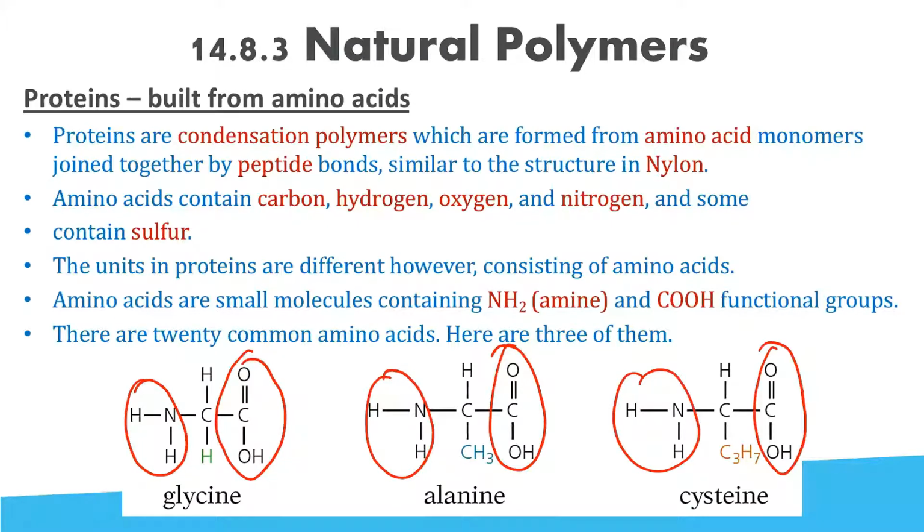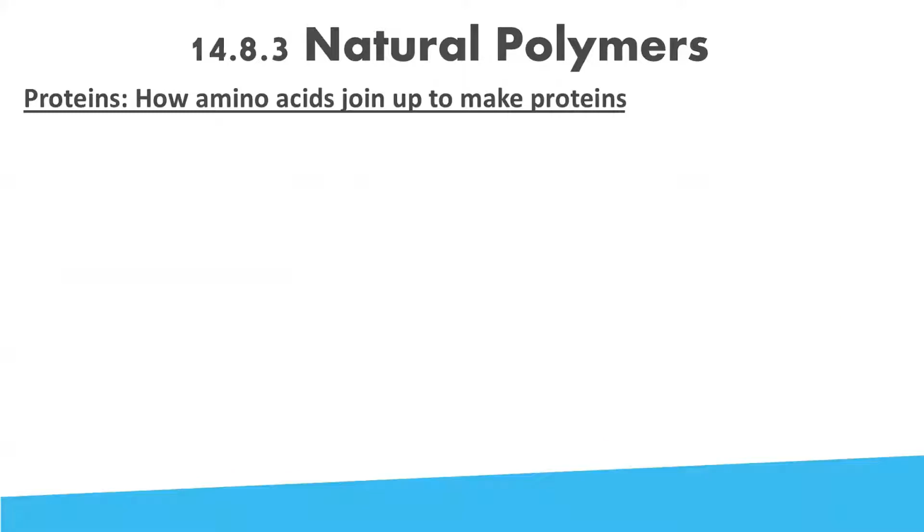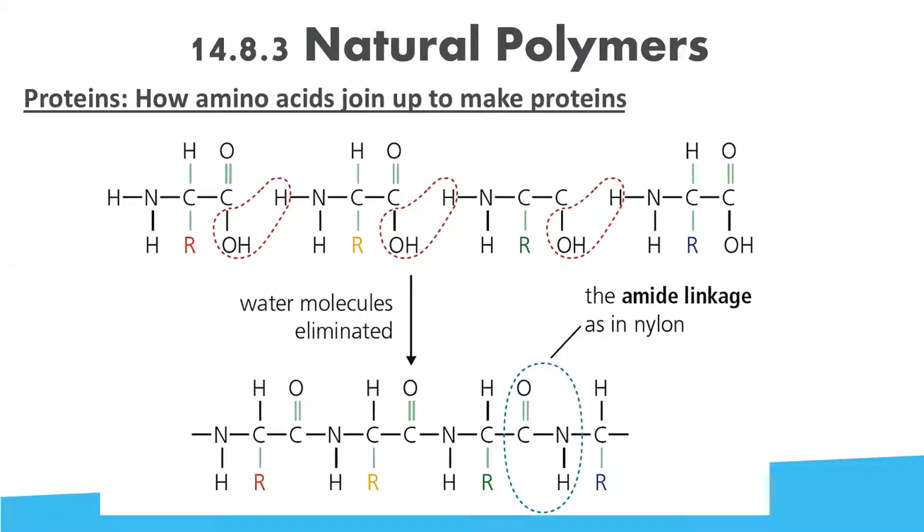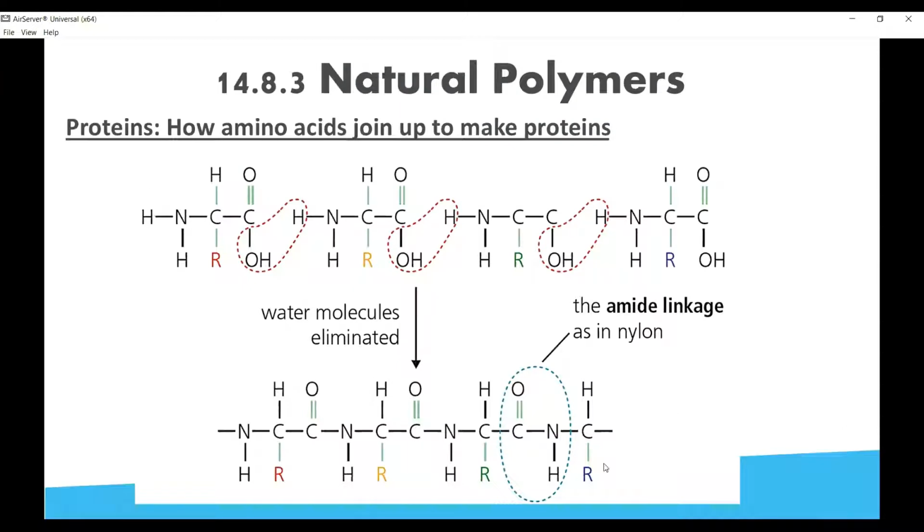That's why they are called amino acids. They have amine and acid groups. And we have practiced how to draw the structure of a polymer by using the monomer structure. So this is an example which was mentioned before.